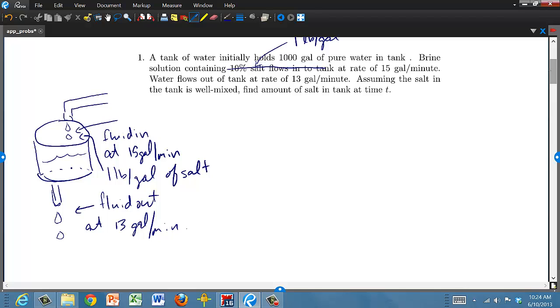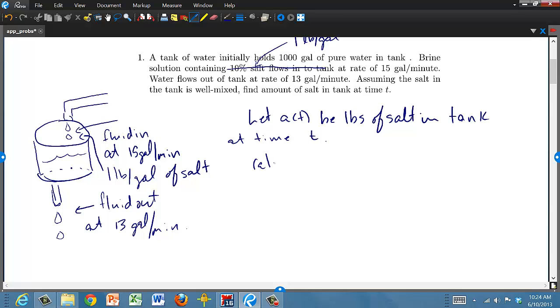Okay, so let's see. We're going to let A of t be pounds of salt in the tank at time t. And we're going to try to quantify how the amount of salt in the tank is changing. So the big thing that you want to remember when you're doing these salt tank problems is very simple.